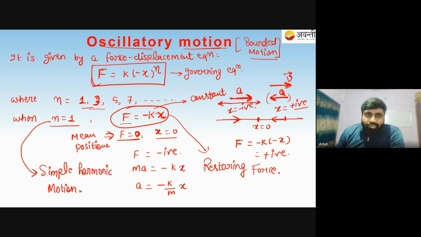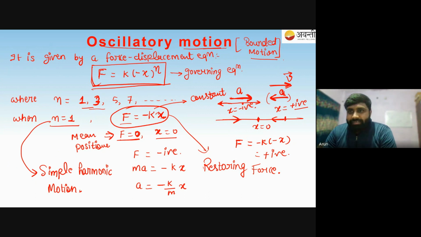Okay. So in this governing equation, when n is equal to 1, the very first case of oscillatory motion becomes simple harmonic motion. Got it? Now I think it is clear to you how the simple harmonic motion has been derived. So simple harmonic motion is the simplest oscillatory motion also. Got it?